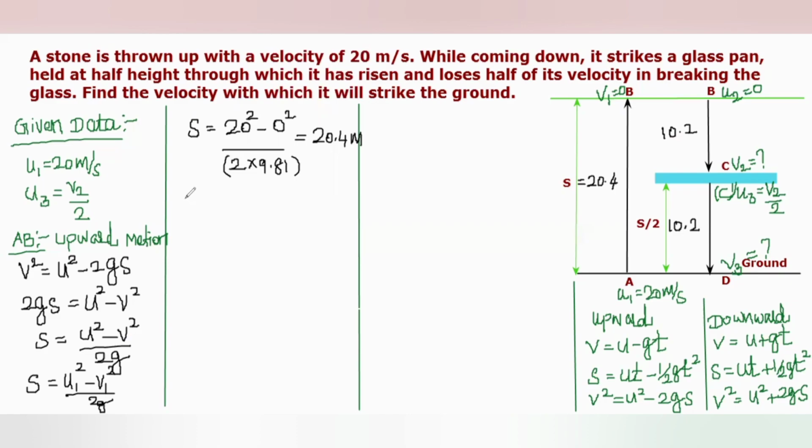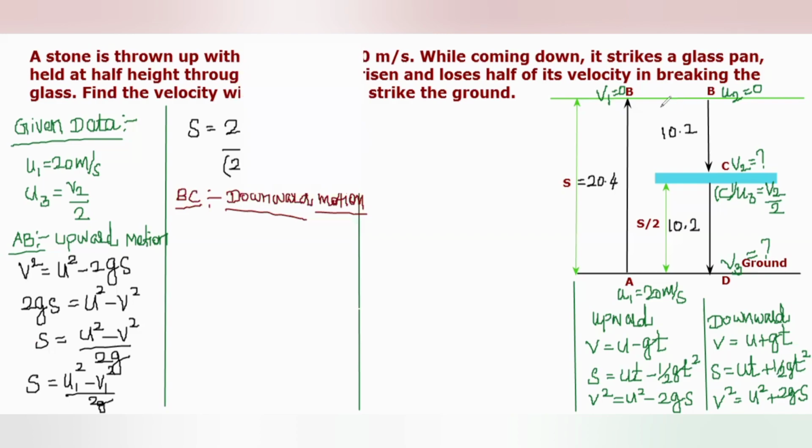Then we are going to consider the second segment, motion BC. Here we know that this is a downward or free fall motion. So in this downward motion, we are going to consider the U2 value.